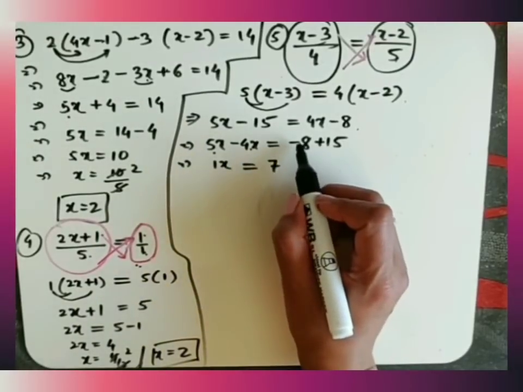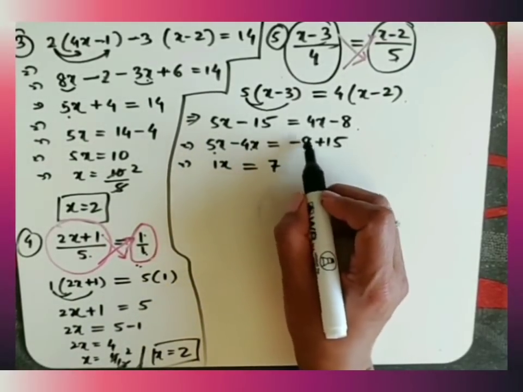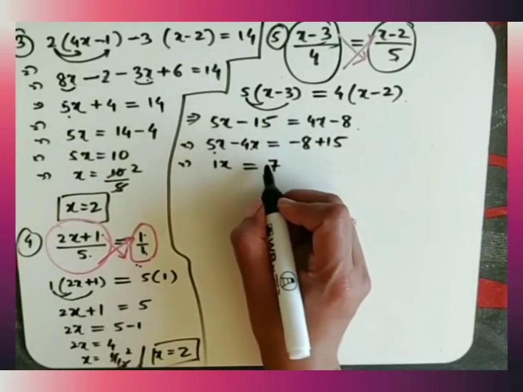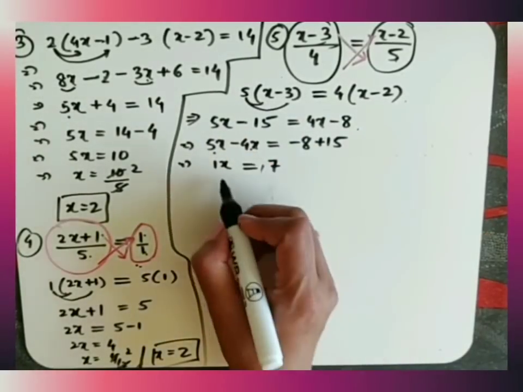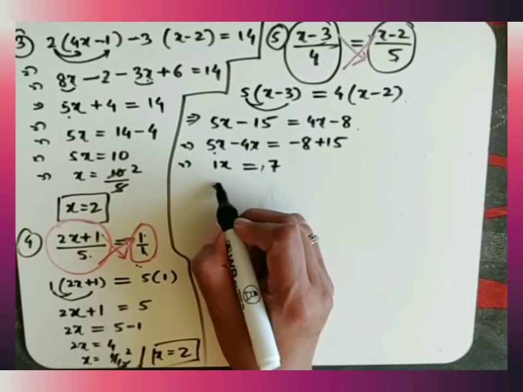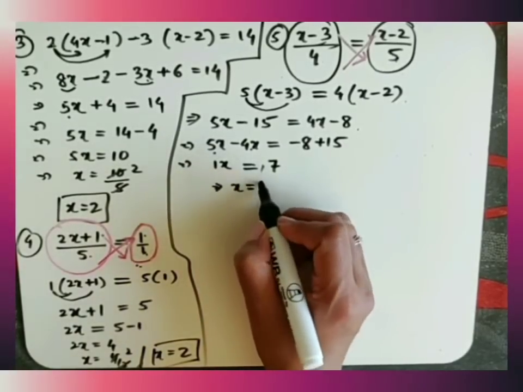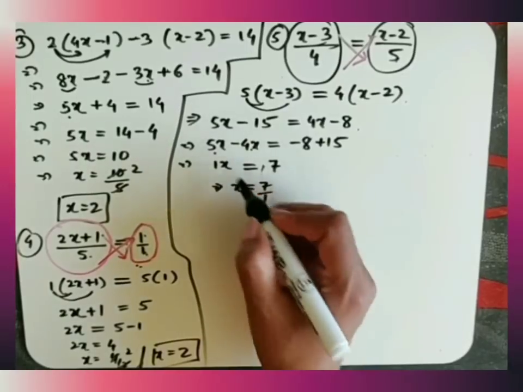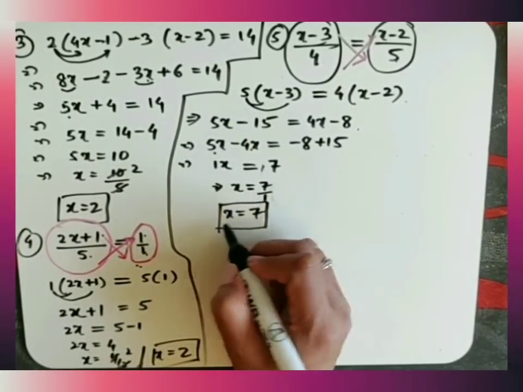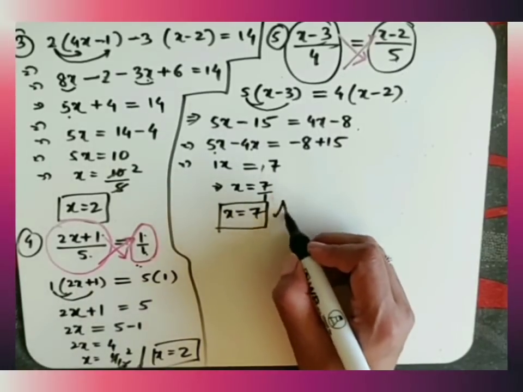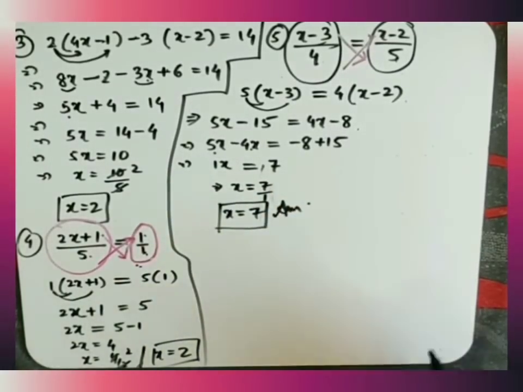Now you can see what sign you have to give, minus or plus. Plus beside the bigger number. So here it is plus. So this will be plus sign. Now what is x? X equal to 7 over 1. This will come underneath, or you can write it, no need to write over 1. So x equal to 7 is your answer.